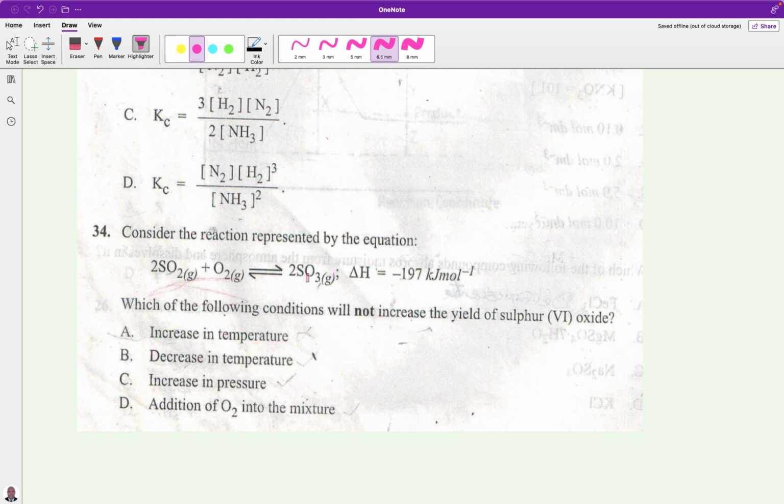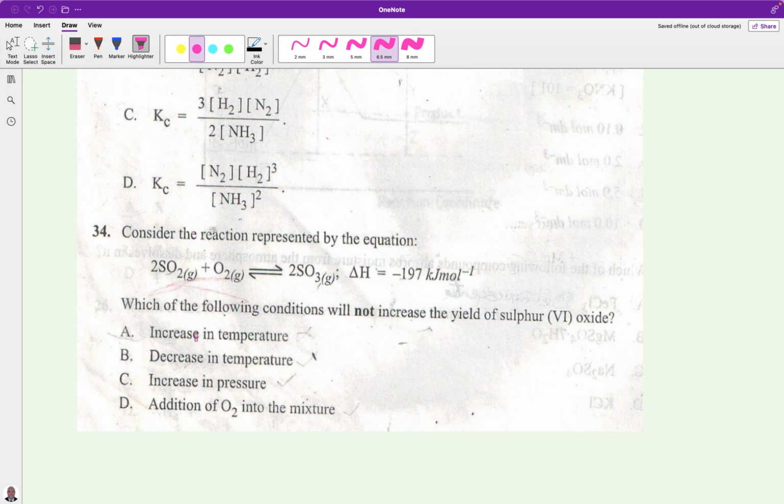D, addition of oxygen into the mixture. If we add oxygen here, we are increasing the amount of reactants, which is definitely going to increase the production of SO3. But when we increase the temperature, the equilibrium is going to shift to the left.